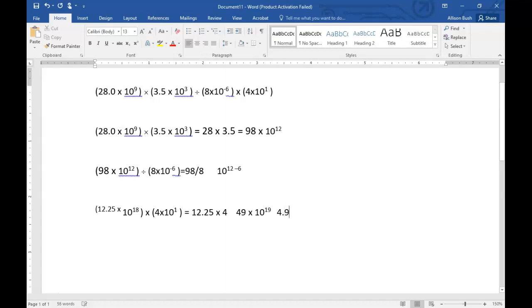It'd be 4.9 times 10 to the 20. If I was doing engineering notation, it should be 490 times 10 to the 18th.